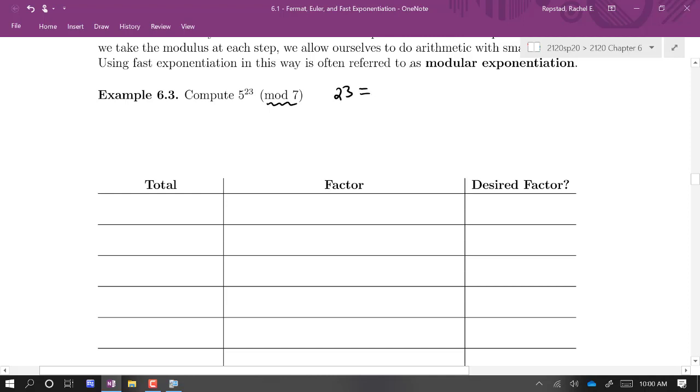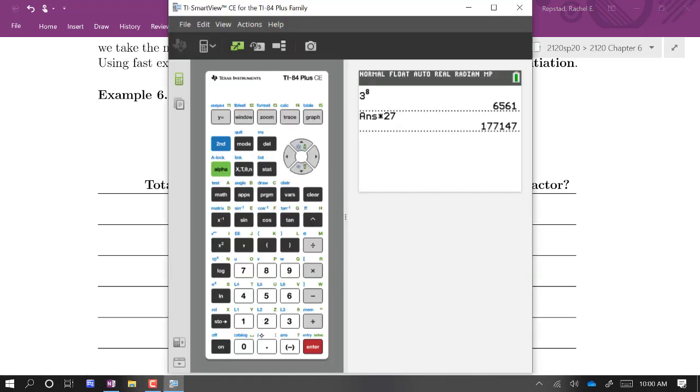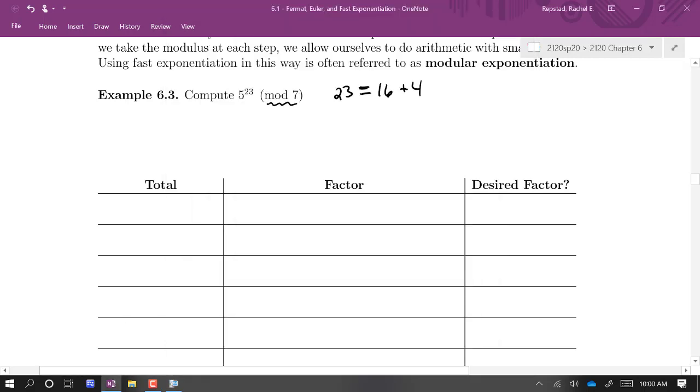as a sum of powers of 2. So I always start by taking, just like when we found binary representation, the biggest power of 2 first. So that'd be 16. 23 minus 16 is 7. So the next one would be 4. That gives us 20.